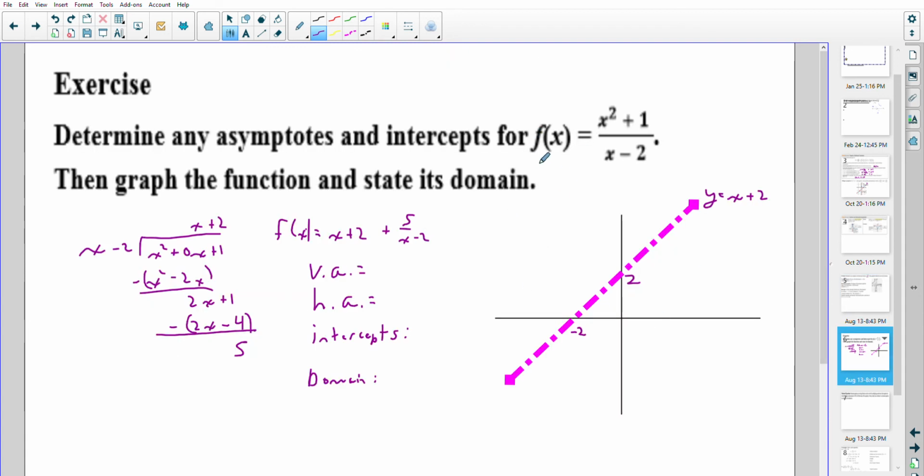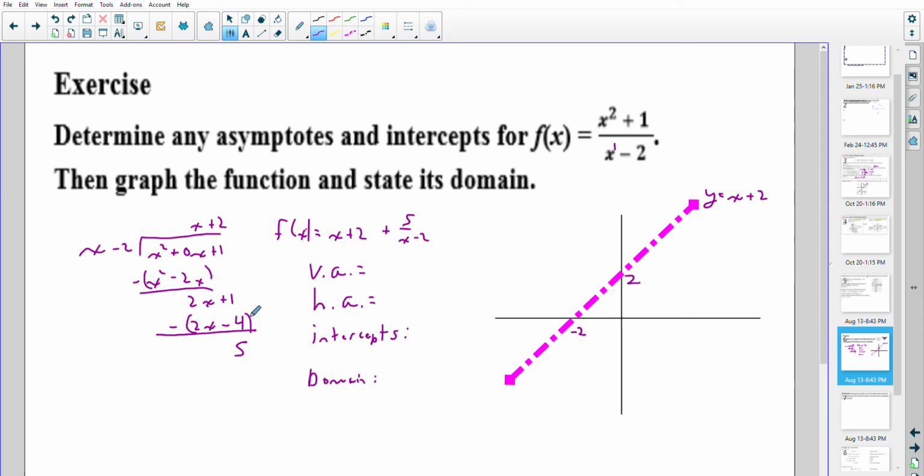I want to look at a more specific example. f of x equals x squared plus 1, all divided by x minus 2. The first thing you're going to recognize is that the leading exponent on the top, 2, is 1 more than the leading exponent on the bottom, 1, and therefore you have to divide this out to see what the slant asymptote looks like.